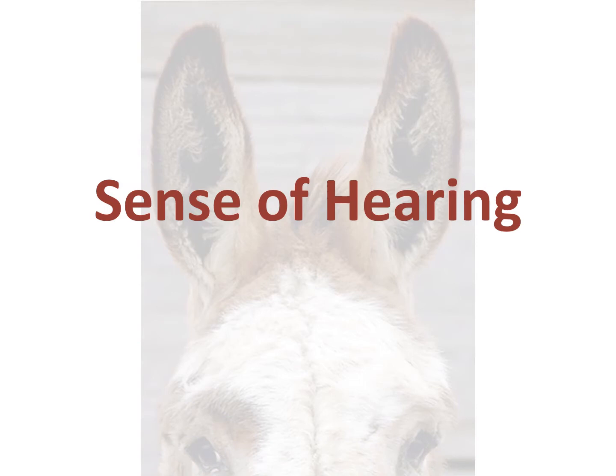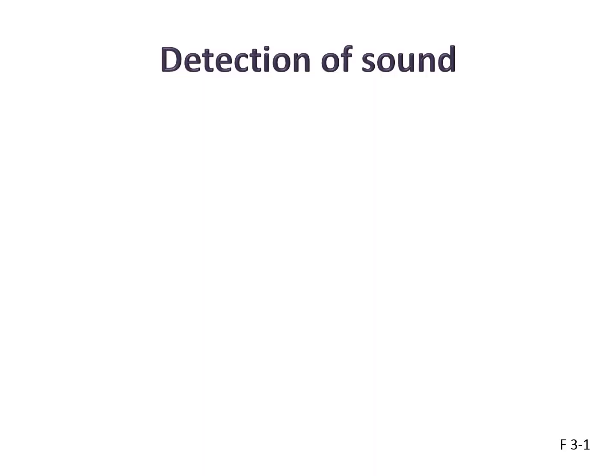Let's start with the sense of hearing. First of all, we need to figure it out: how do animals detect sound? In fact, this is not very complicated. It requires the external ear, which is the area encompassing from the pinna to the tympanic membrane.